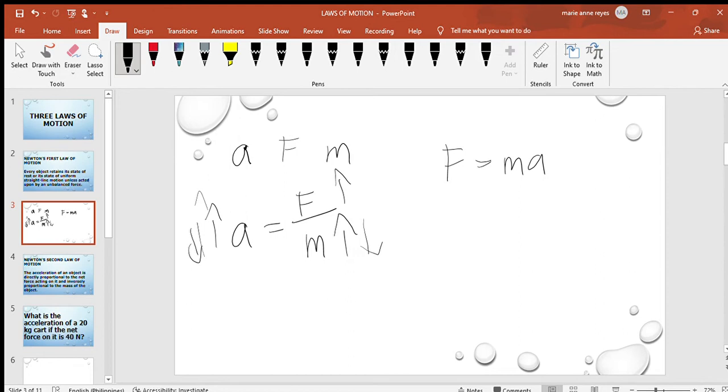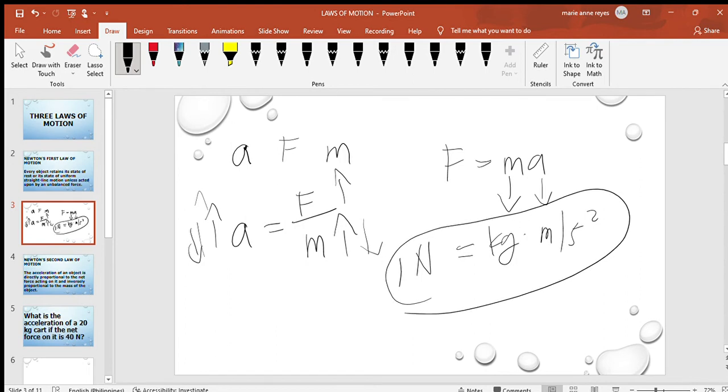The unit for mass is kilogram and the acceleration is in meter per second squared. Therefore, 1 kilogram meter per second squared is also known as 1 Newton. So, the same lang po sila. 1 Newton is equal to 1 kilogram meter per second squared.